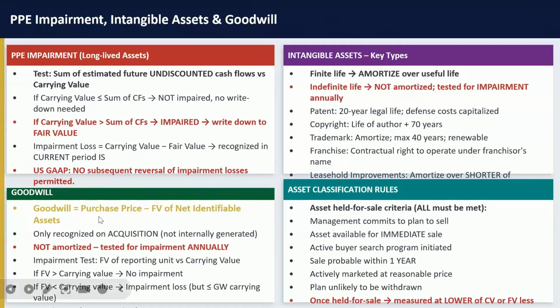Your book value is 10,000 and the market value is 12,000. So, has the asset value decreased or not?